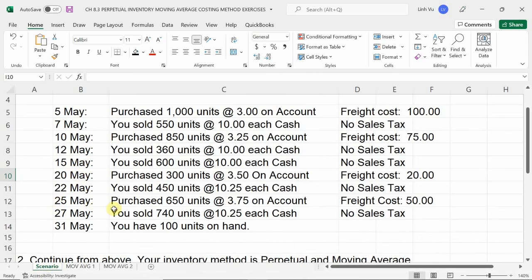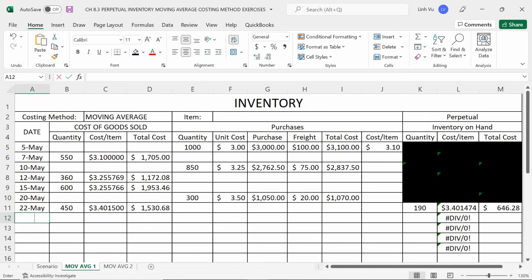Okay. So after selling those 450 units, I purchased 650 at 375 with the freight of 50. So 650, 375, and freight of 50 on May 25th. In this case, what's my purchase price here?